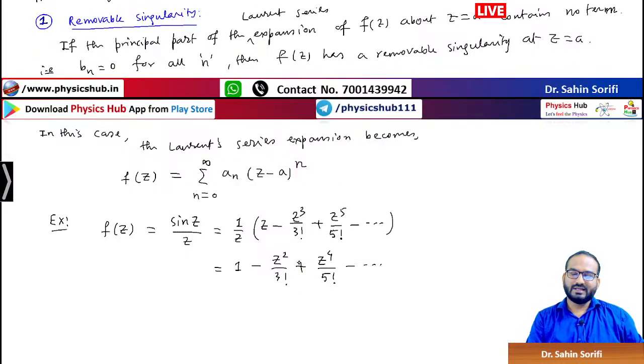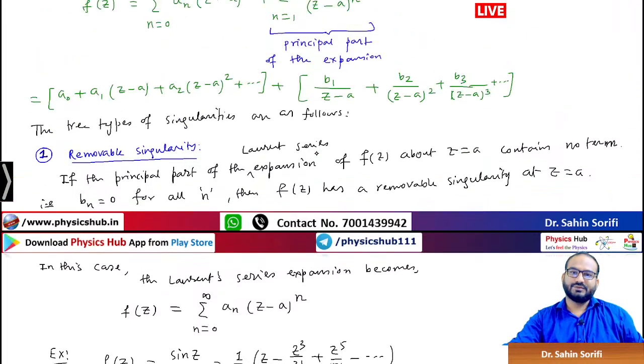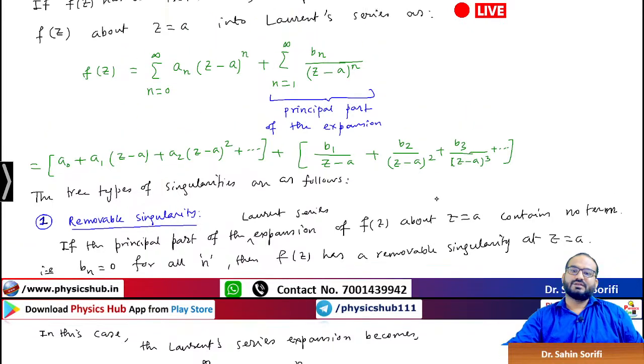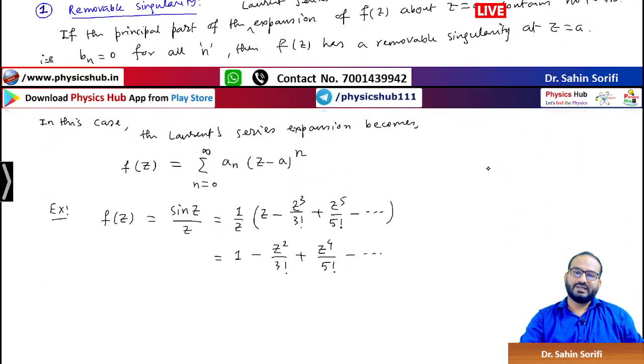So is there any negative term? Look, if you consider this, it is like b1 (z minus a) to the power minus 1, right? If you take it to the numerator, (z minus a) to the power minus 2, right? So there is no negative term, you can see.